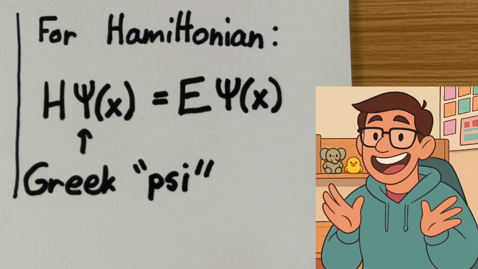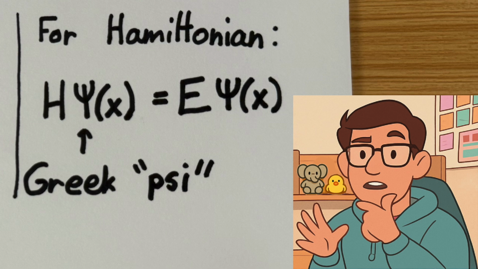We write the equation like this: H times psi equals E times psi. The eigenfunctions are written with the Greek letter psi, and the eigenvalue is written with the letter capital E. Quick side note, this is assuming that the eigenfunction is not dependent on time, so notice how there is no little t in this equation.